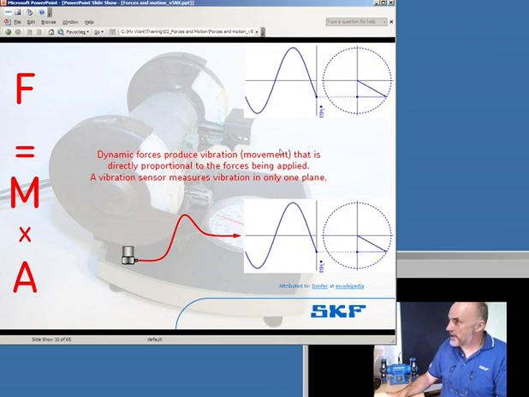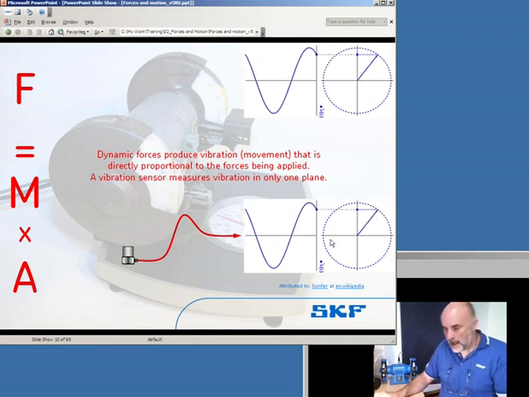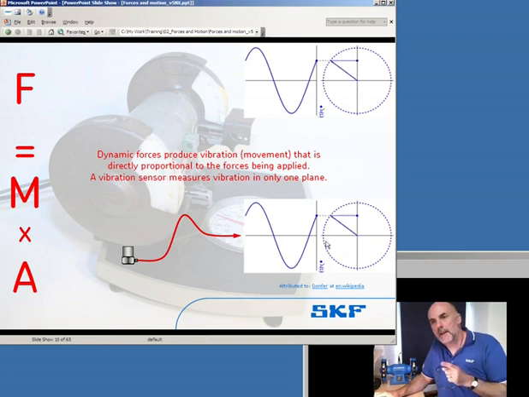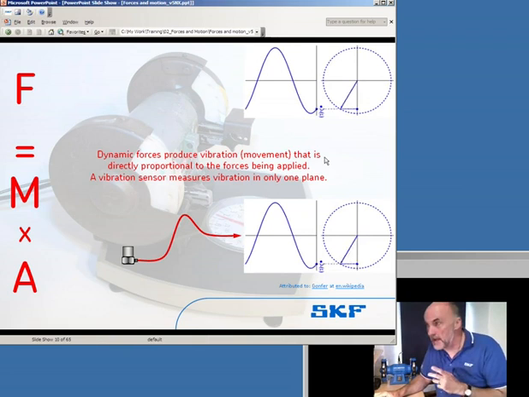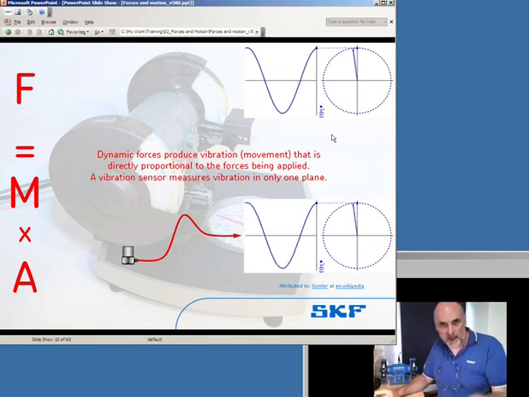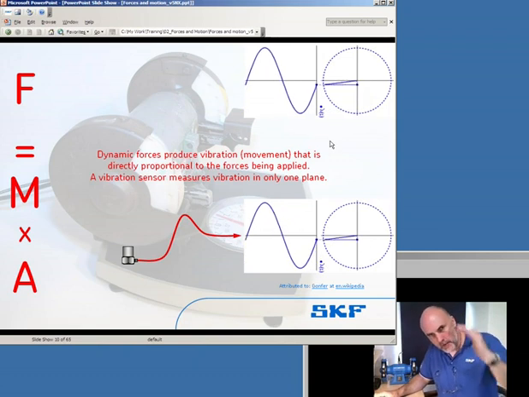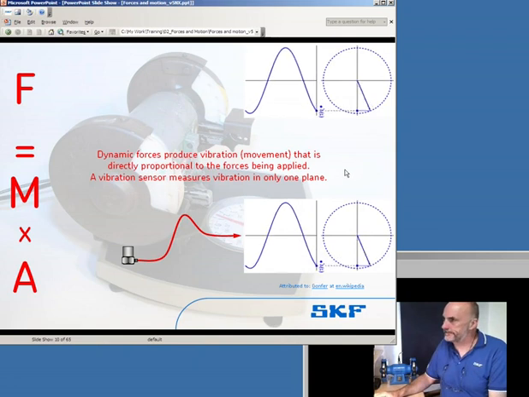And you can see there's a direct relationship between the force being applied and the corresponding vibration that you get. If you want to reduce the vibration, one of the simplest weapons in your armory is to reduce the forces. For example, if the machine is out of balance and you balance it, you're reducing those forces, and you will reduce the vibration pro rata.